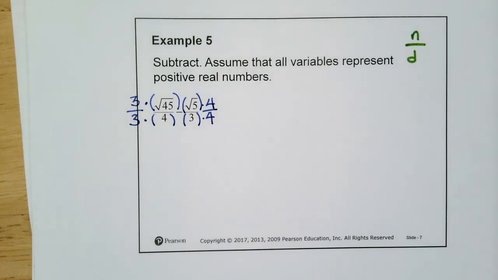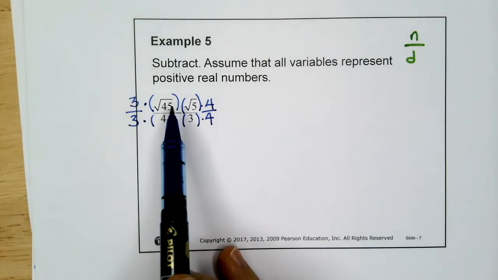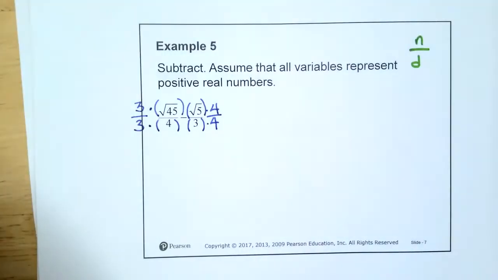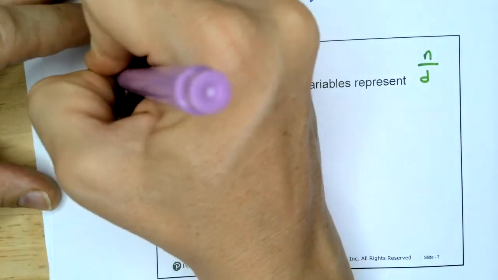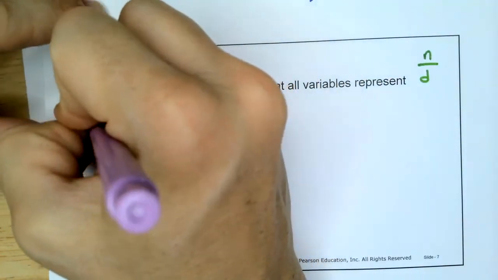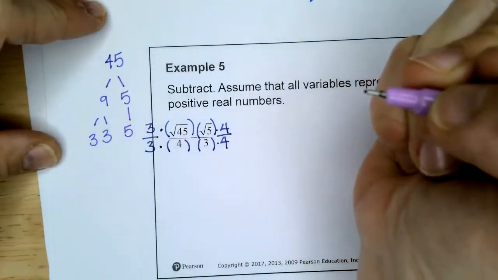Ooh, wait, I want to do something before I even do that. Sorry. I want to simplify this 45 first. Okay. So I'm going to rewrite this. 45, I can simplify into 9 and 5. 9 becomes 3 and 3. 5 stays 5.